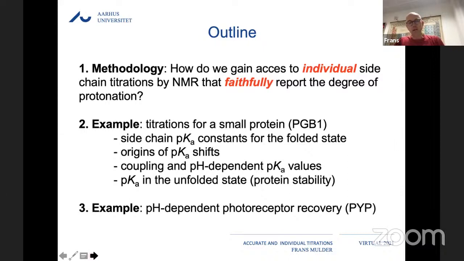And there are some reasons why that happens, and we've been able to understand why it shows this pH-dependent recovery, which is related directly to the pKa constants of certain side chains in the two states that the protein has, in the dark state or in the light state, and specifically also some information about an arginine side chain, which was reported from other data to be neutral, and we decided to see if we could either validate or invalidate that for the system in solution.